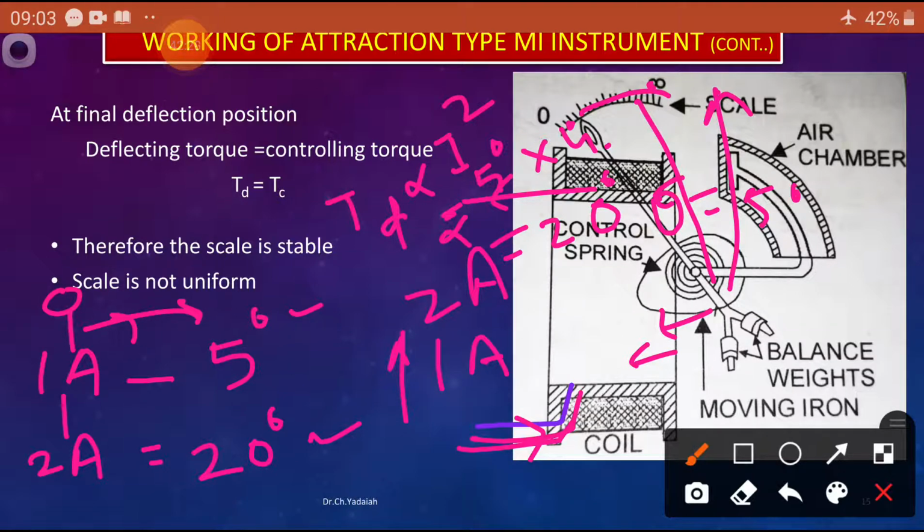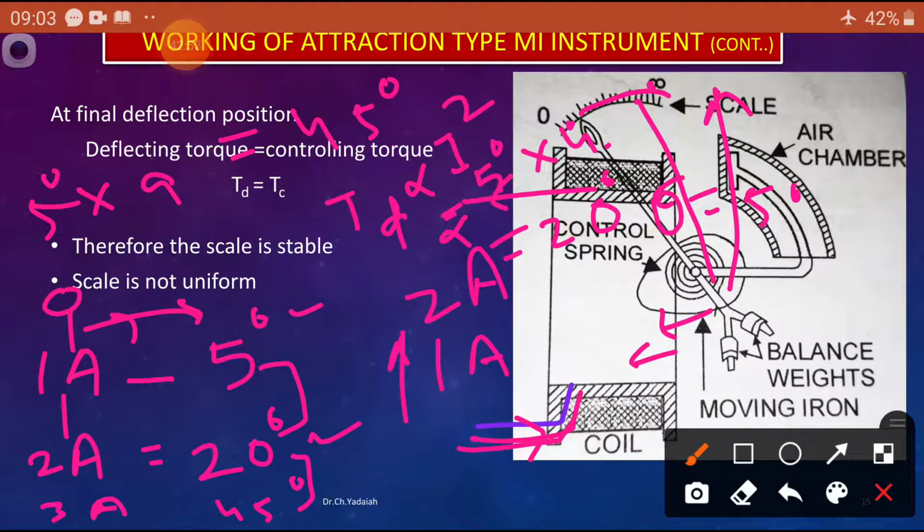For example, if I allow 3 amperes, what will happen? 5 degrees into 3 squared, 9, 9 times 5 is 45. Now the angle is going to 45 degrees. What is the distance between 5 degrees and 20 degrees? What is the distance between 20 and 45 degrees?